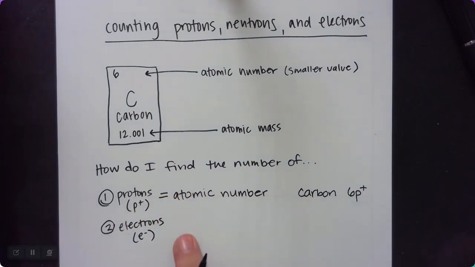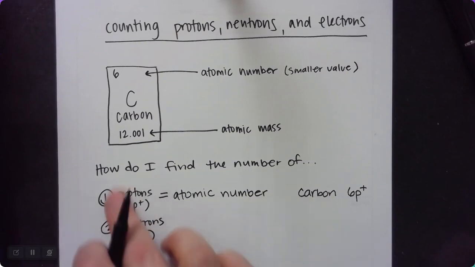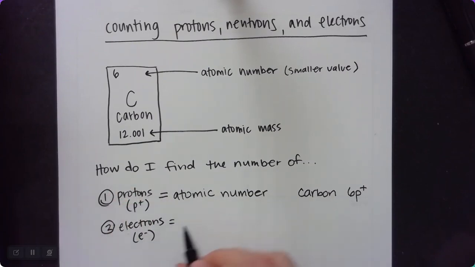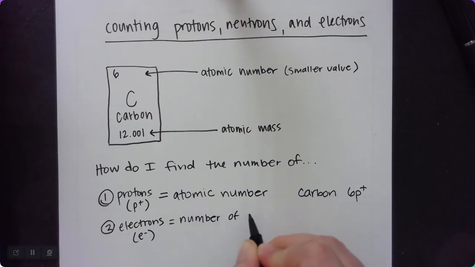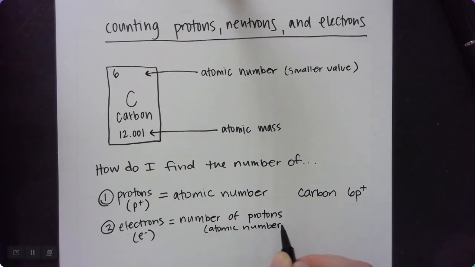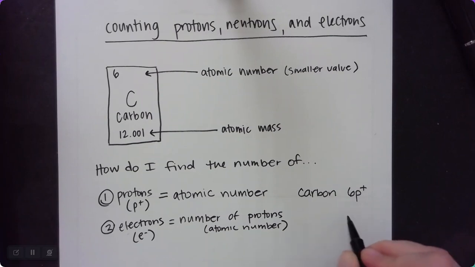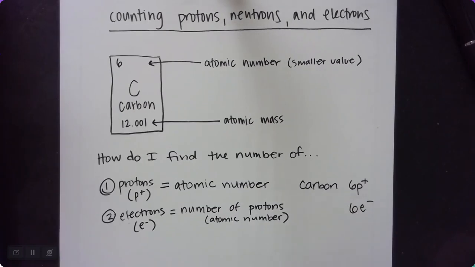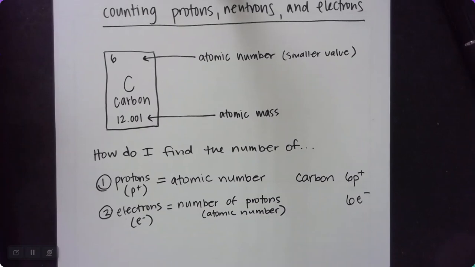So if we have an atomic number's worth of protons, our electrons have to be equal to our number of protons, which we know is also our atomic number. So carbon has 6 electrons as well. So far, so good, okay? They're just numbers coming straight from our periodic table.